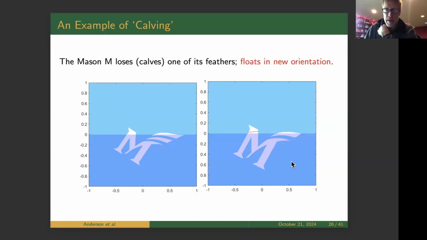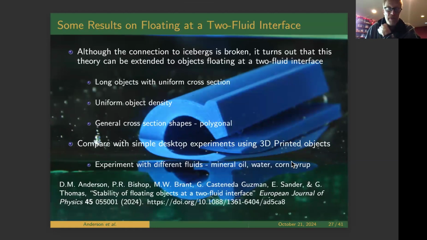I think I have a little bit more time, so I want to very briefly show you one other thing we did. We lose the connection to icebergs here, but one of the things we were curious about, and are no longer curious about because I think we understand what's happening, is: what happens for shapes if you float them at a two fluid interface?